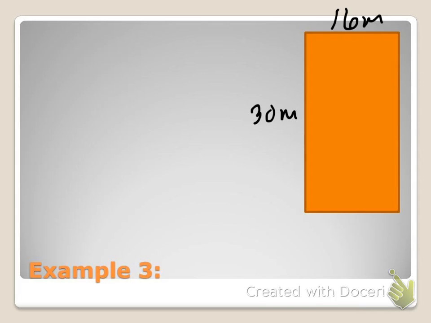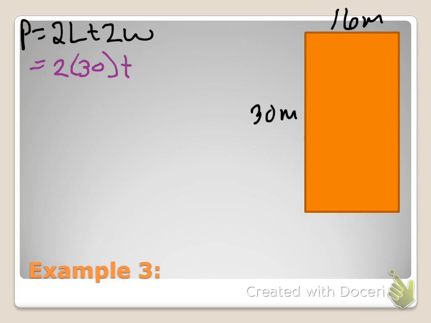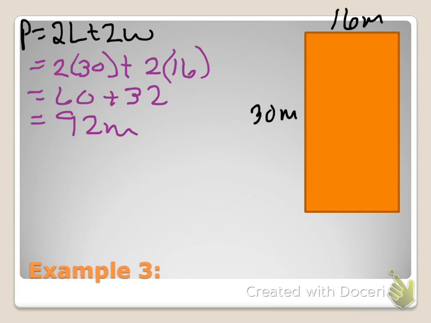So I know that this is what shape? It's a rectangle. So to find the perimeter, twice the length plus twice the width, and I just make my substitutions, just like I've been doing. 2 times 30 plus 2 times 16, 60 plus 32, that would be 92 meters.